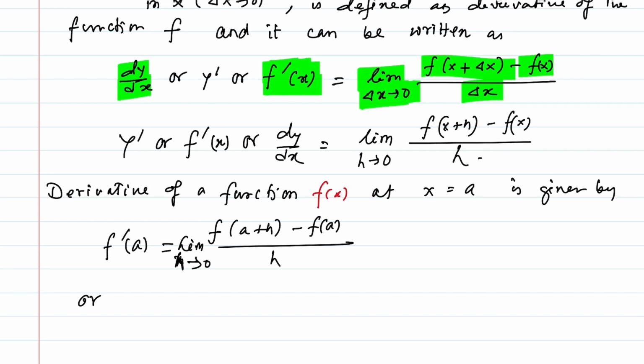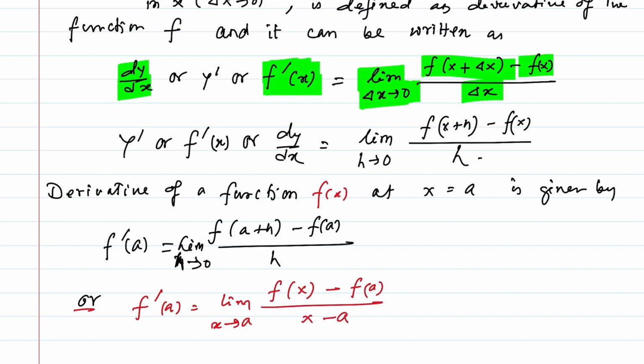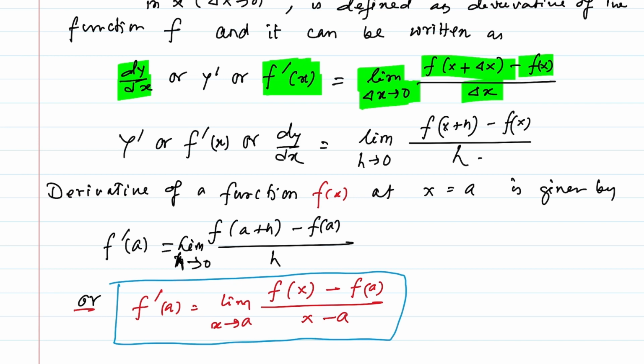It is also given by f dash of a, the limit as x tends to a of f of x minus f of a by x minus a. If you use either, you will get the same result. Hope you have understood this.